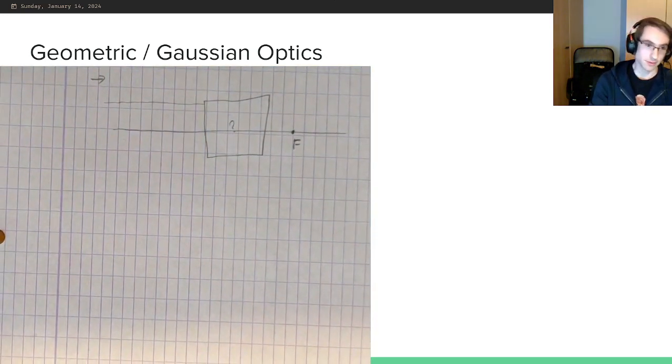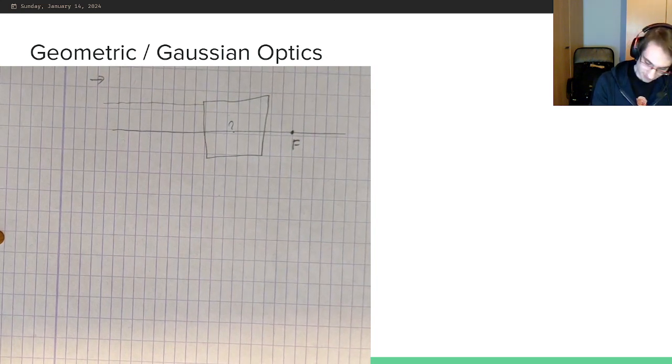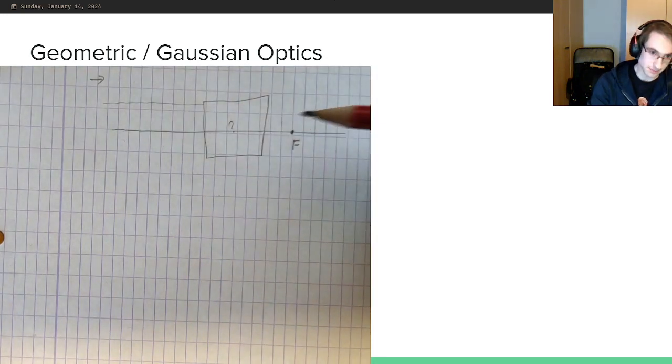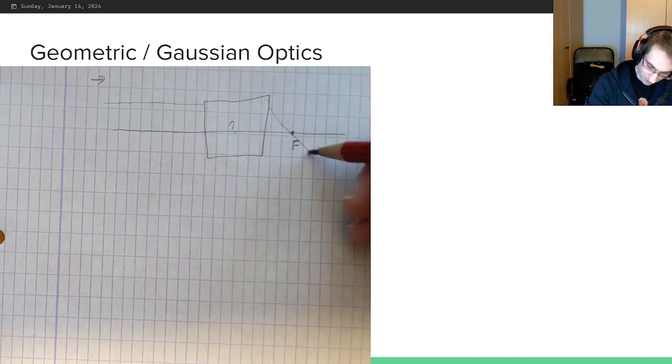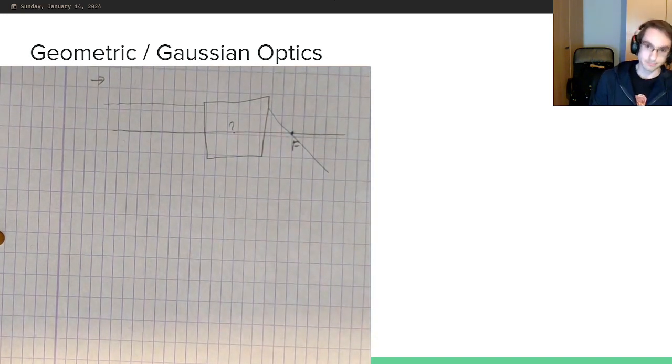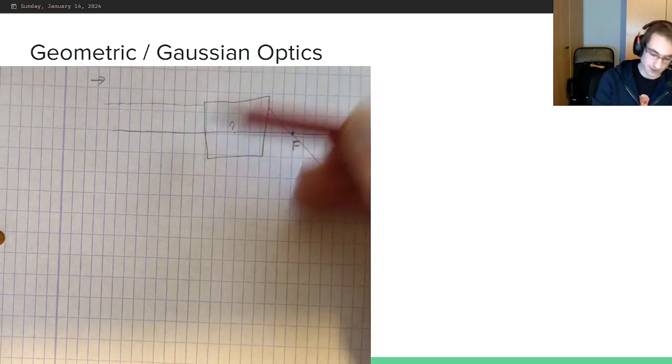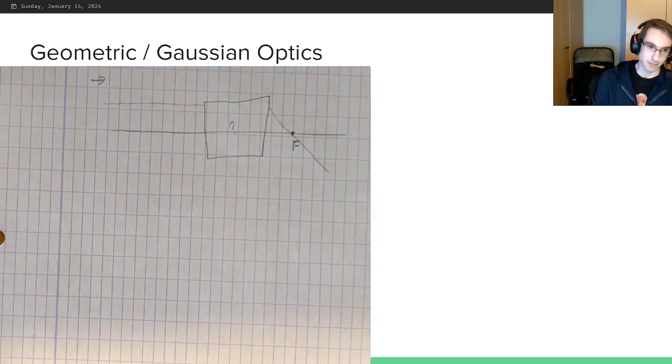I don't know what it's going to do in my black box, but the focal point is defined such that when this beam exits the black box, it's going to pass through the focal point, always. And I can do the same for any beam, whatever distance from the optical axis it is, as long as it's parallel to the optical axis.